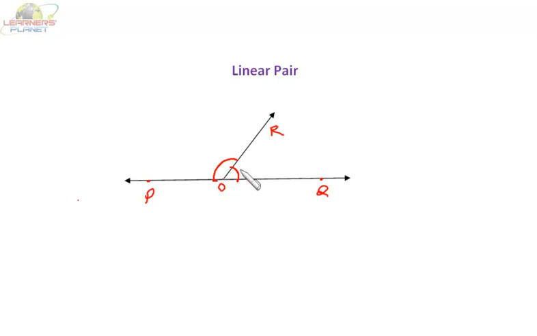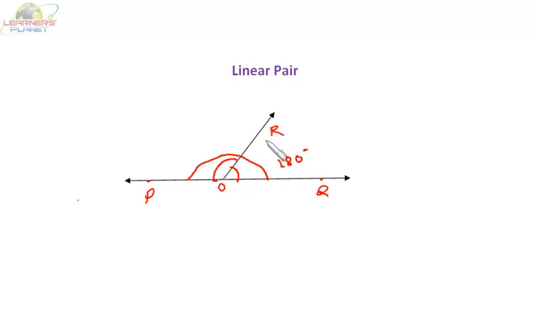Both of them are adjacent angles since they have a common arm, that is OR, and a common vertex O. And we see PQ as a straight line. So this complete angle will be 180 degrees since it is a straight angle, or we can say it's a straight line.